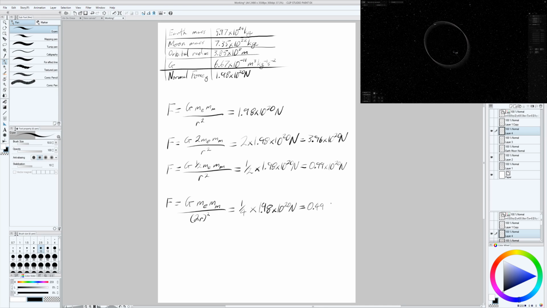Increasing the radius decreases the force because it's further away, and as we know, if you're further away from something in regards to gravity, there's less force on you.